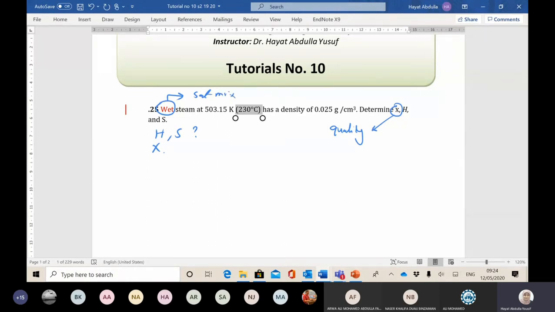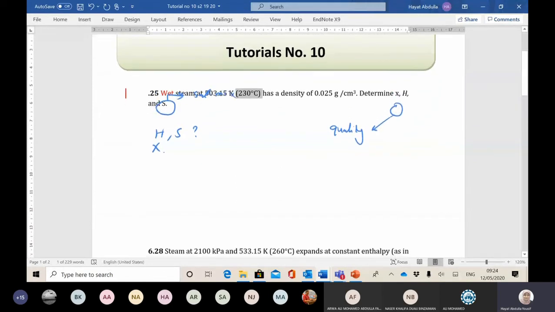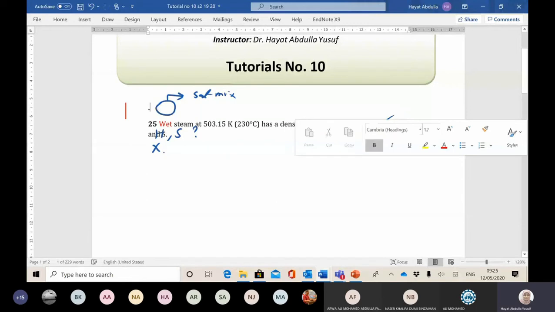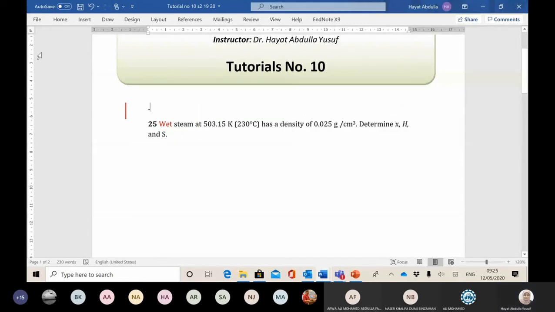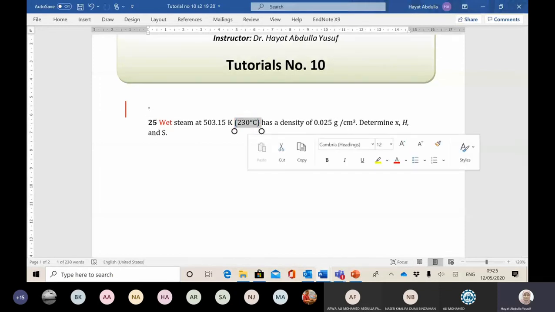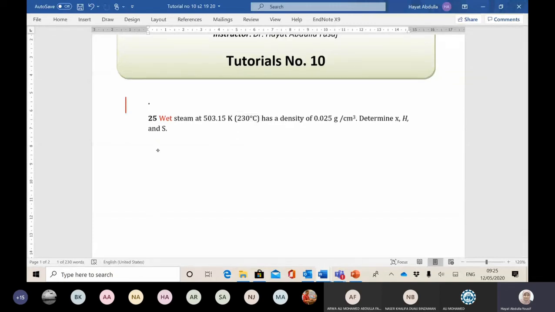Now, as we agreed, we need to know two properties to fully define the system. According to what we have here, the temperature is given, and that temperature was 230. So what you are going to do is go to the table in the appendix.